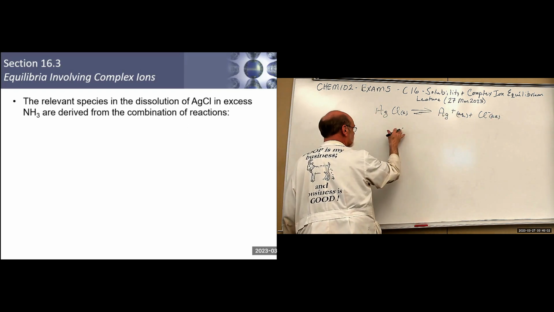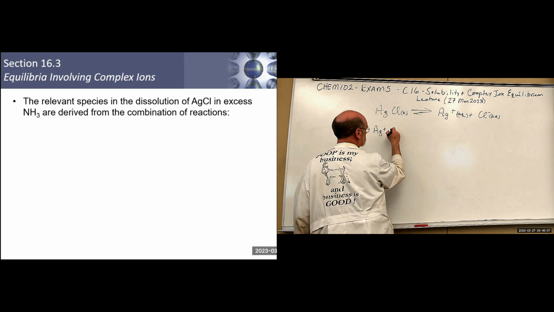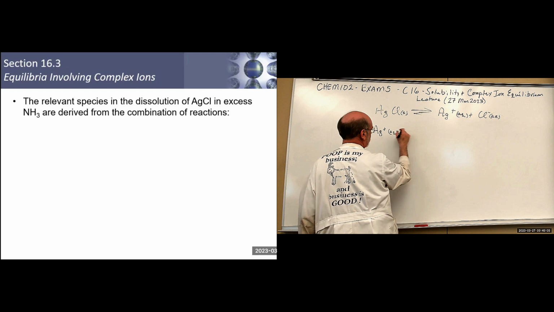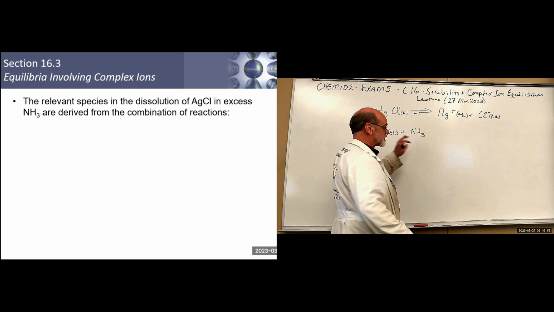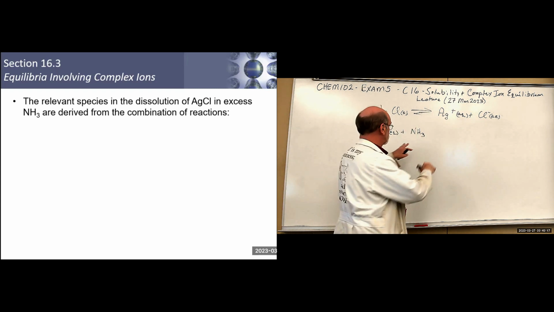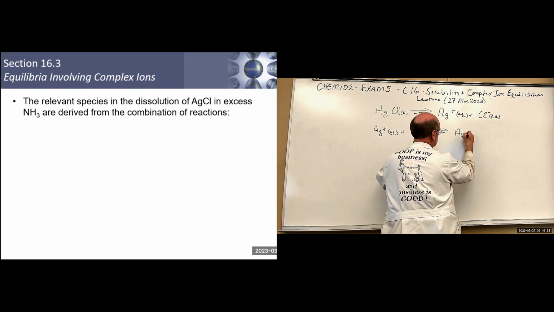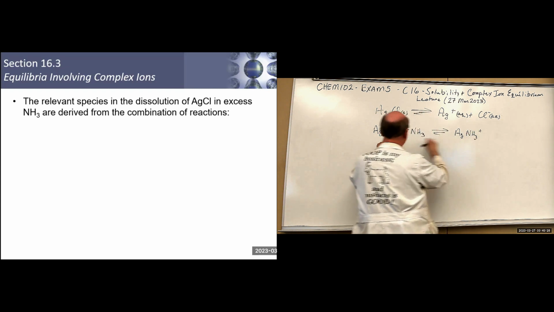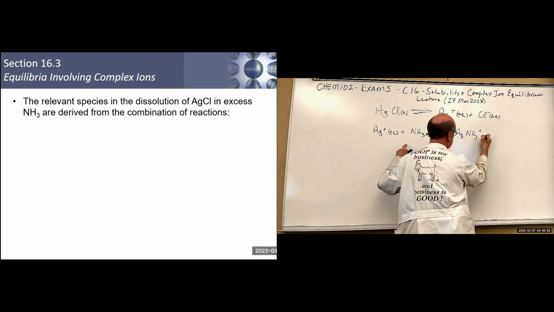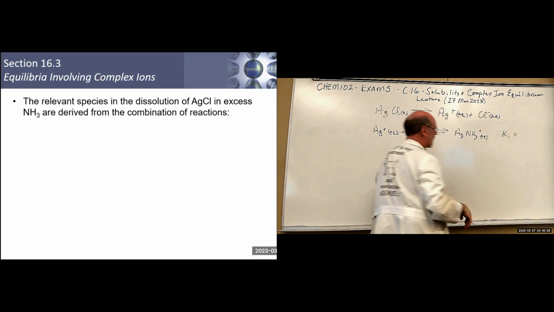We want to take that silver and complex it with ammonia. And this occurs in steps just like the fluoride did. So we have an equilibrium set up here where we're going to have silver and ammonia, and still have the +1 charge because ammonia is neutral. This is aqueous and this is aqueous. And this one has a K of some kind.